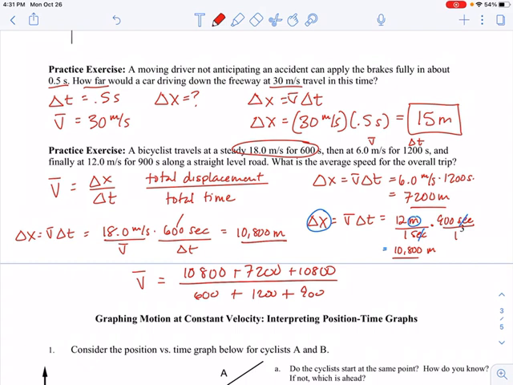And I will get out my trusty calculator again. And I get, let's see, I get 10.7 meters per second.